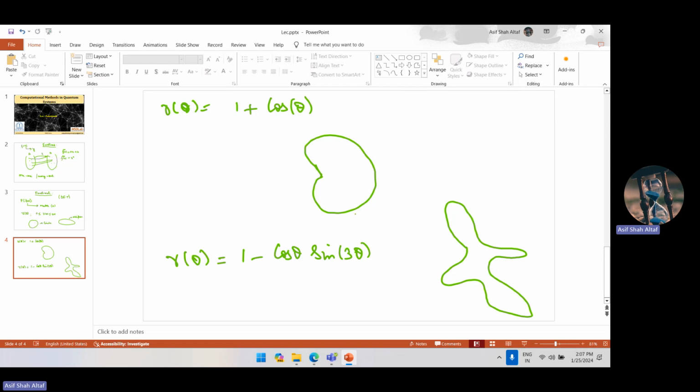The boundaries of these shapes enclose an area. Or if you are interested in measuring the circumference, what you call the perimeter also. So these are some of the properties of these shapes in 2D.